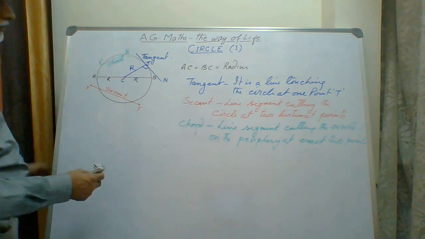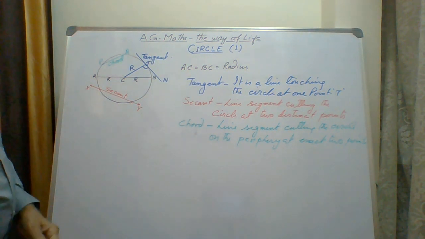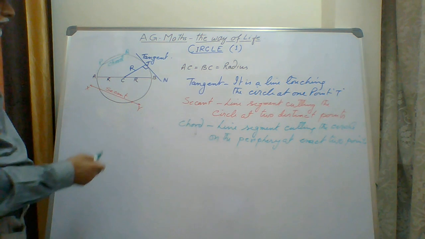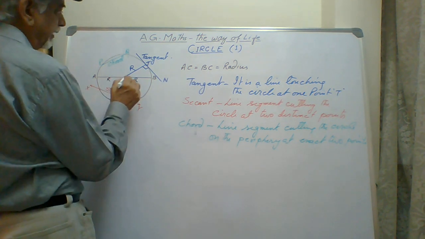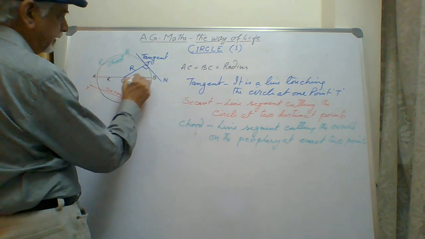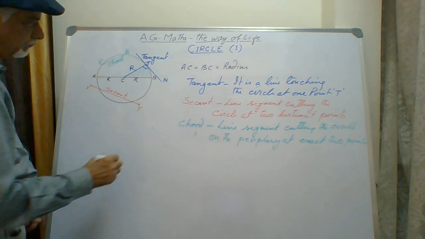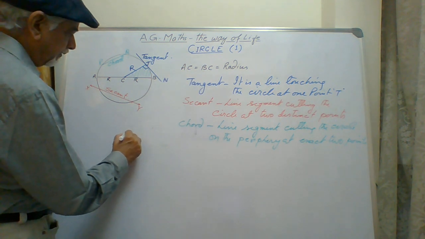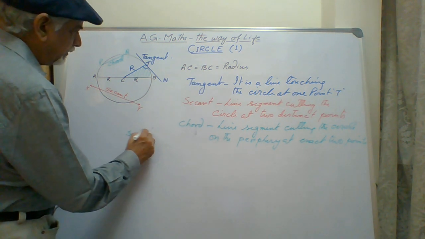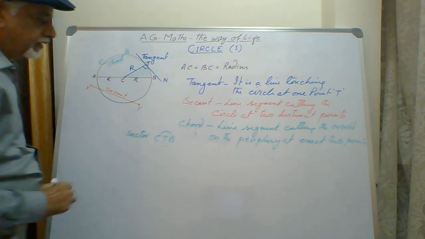Now let us find out two more things. One is called the segment. What is a segment and a sector? See here CBT, this part, it is called a sector. A sector is written like CTB with an arc shape.